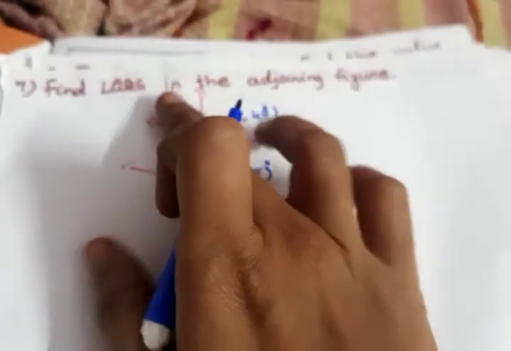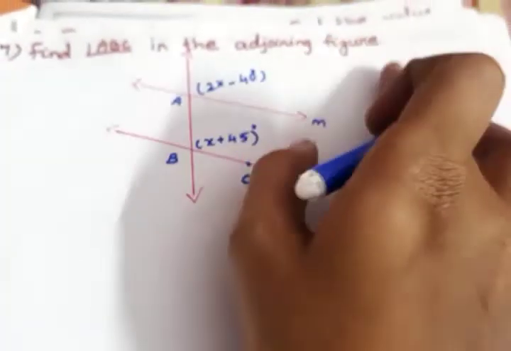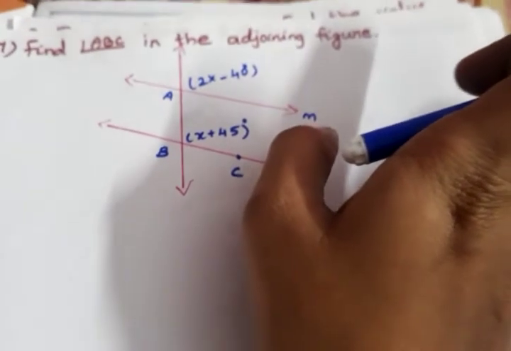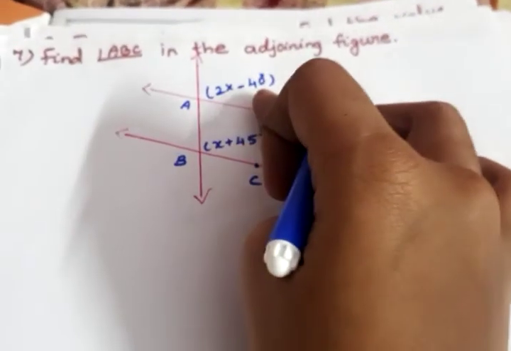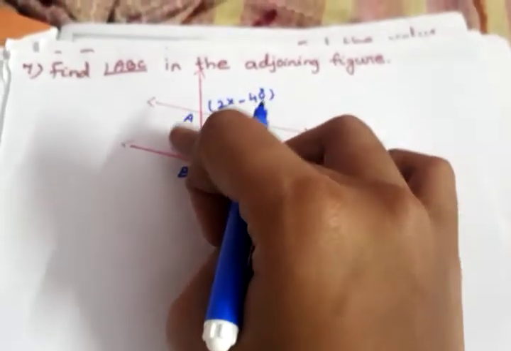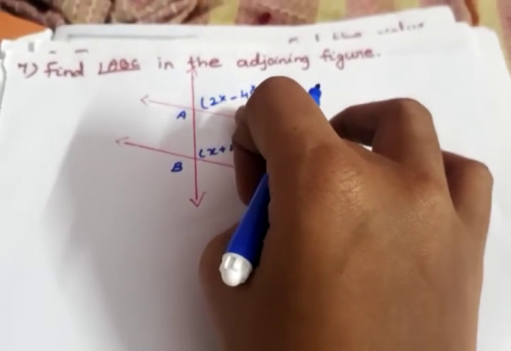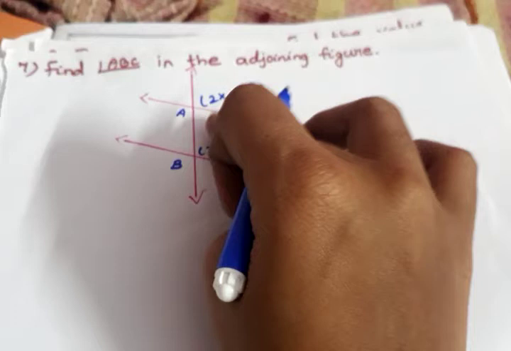Seventh sum: find angle ABC in the following figure. Vertically opposite angles are equal.